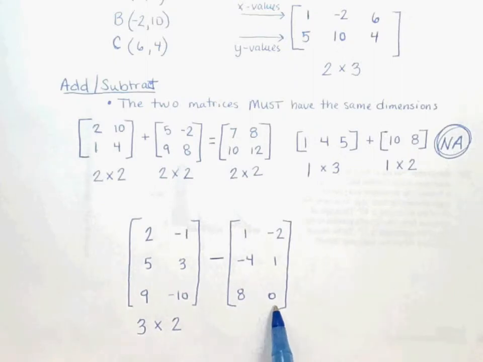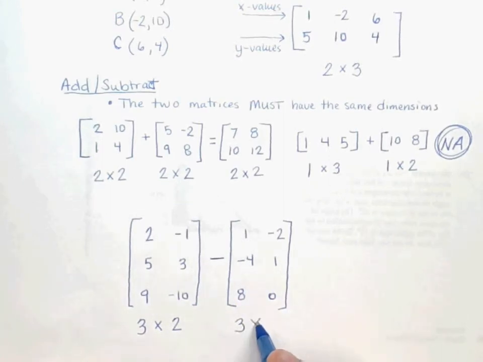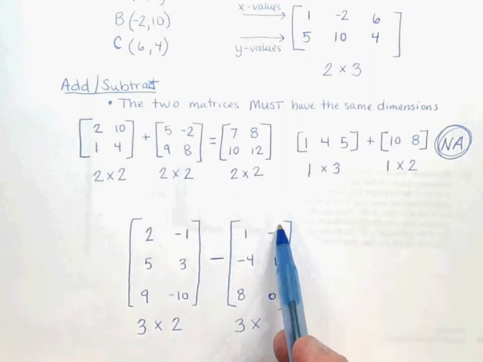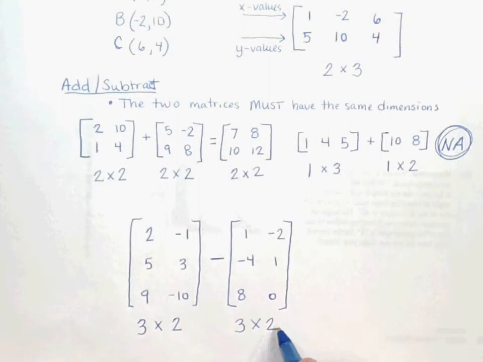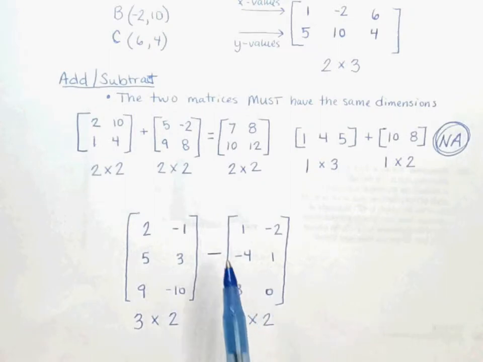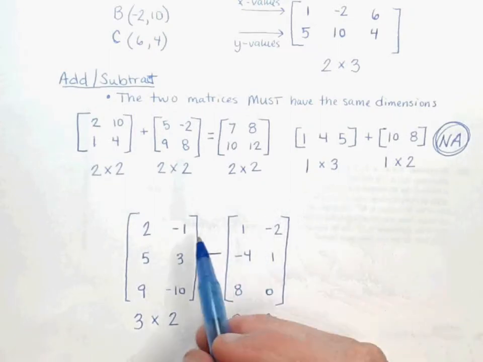When we look at this matrix, 3 rows, 2 columns. So do these match? Yes, 3 by 2, 3 by 2. So that tells us we can subtract them. So now let's subtract them.